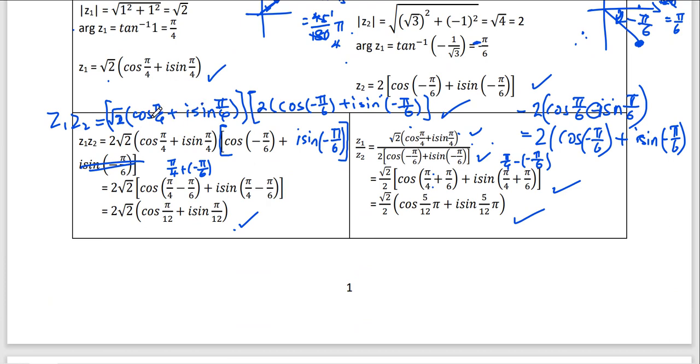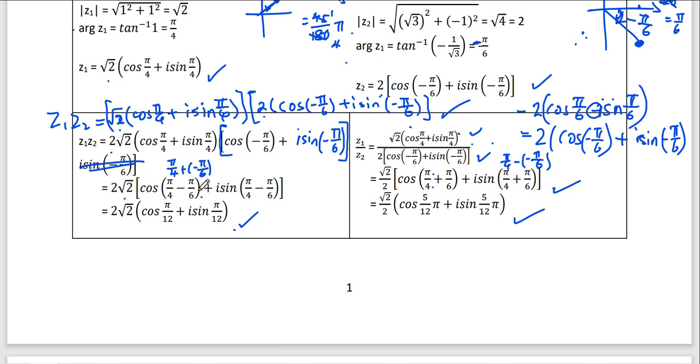If you multiply two complex numbers in polar form, you multiply the modulus, these two, 2 and root 2. Then for your angle, pi over 4 plus negative pi over 6, so pi over 4 minus pi over 6. You write this.